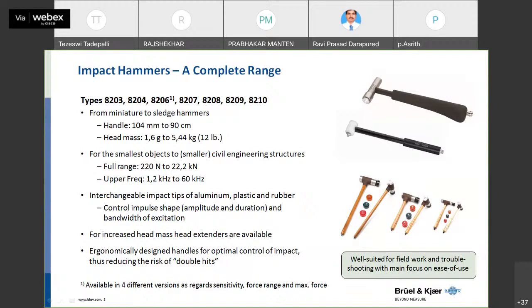So, okay. The advantage of the hammers, as I was saying, is that you change the impact, so the bandwidth, the impact shape, the duration. And the software has a facility for taking double hits. This is part of the software analysis that we do.